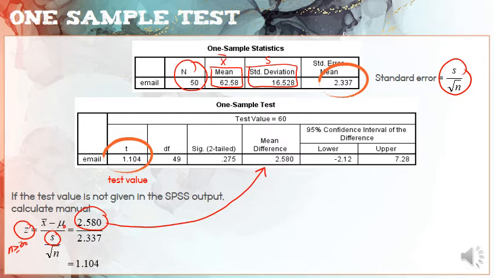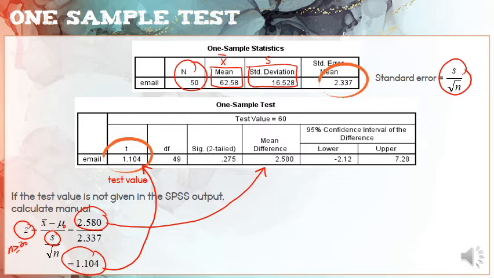2.580 ni sebenarnya dalam SPSS output pun selalunya dia dah bagi your mean difference. And ini sebenarnya juga sometimes dalam soalan dia dah bagi. Okay, your t-test. So, kalau soalan dah bagi, biasanya dia akan minta you show that. Okay, the statistical ataupun the test value is equal to 1.104.